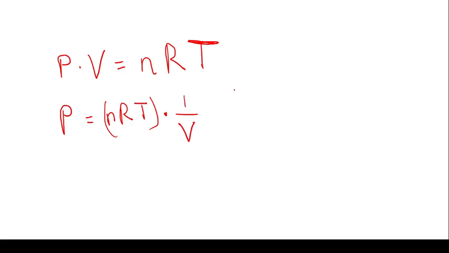What our relationship should look like if we were to plot pressure versus volume is sort of like the equation y equals 1 over x. Or you could think of it as that equation scaled by some constant, so y equals c times 1 over x. Let's see what that looks like.